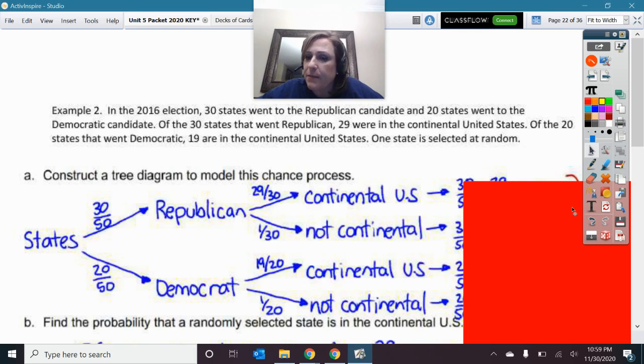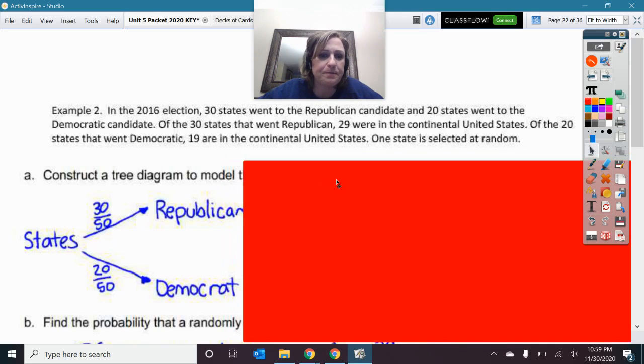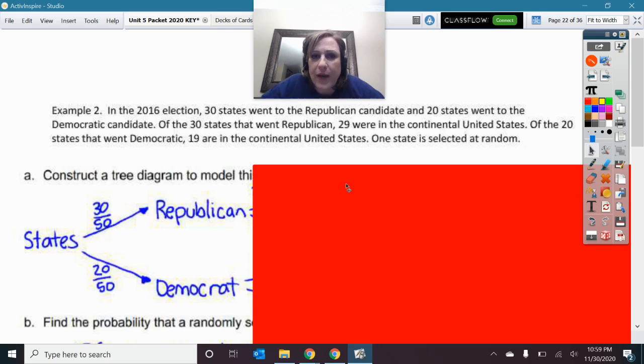All right, so let me let you take a moment, read through this, and do it. Let's see how your tree diagram comes out. Okay, so hopefully you took some time to do that. We were told here that 3/5 of the time, 30 out of the 50 states went Republican.